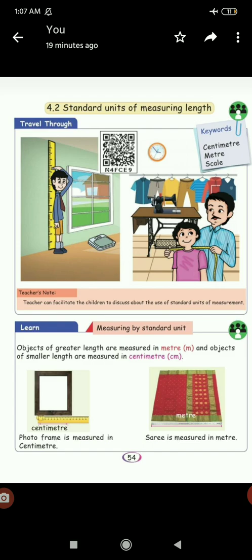The short form for centimeter is cm. Centimeter stands for cm, and it is used to measure shorter lengths.